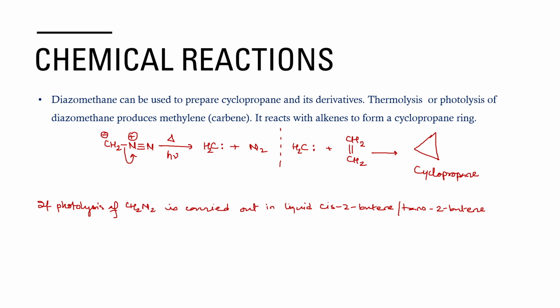Only one kind of product, not a mixture. So suppose you have a cis-2-butene here, and this is being made to react with CH2N2, you heat it, do photolysis, okay, and the product that you would obtain will be something like this.